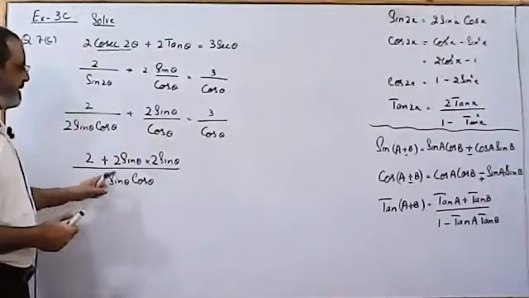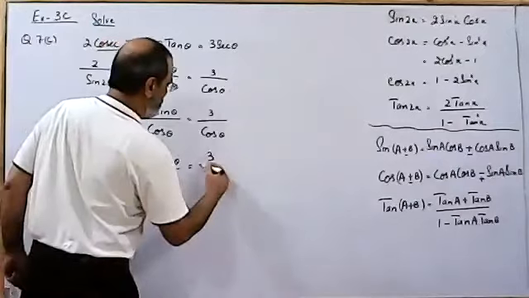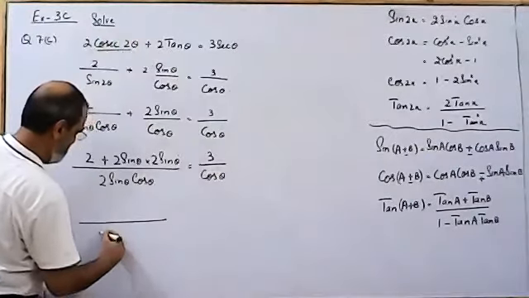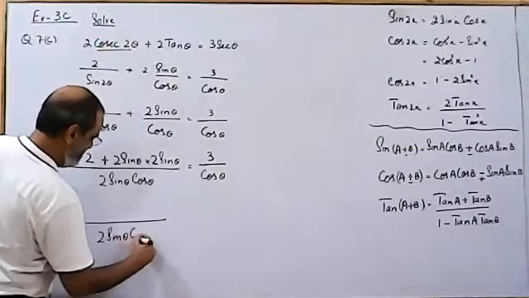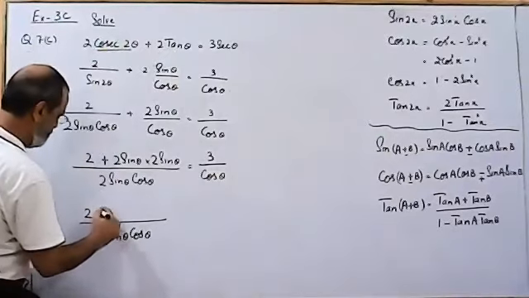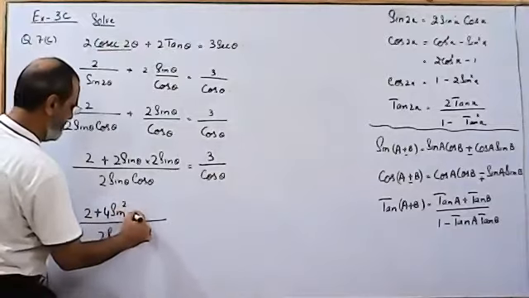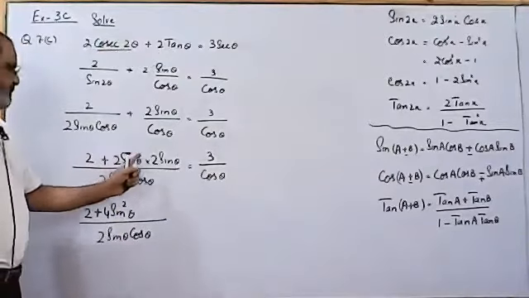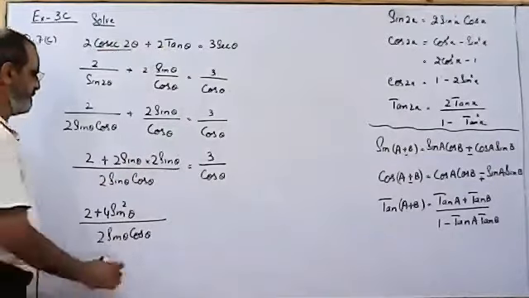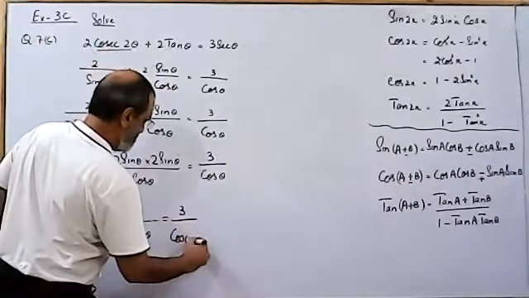So this 2 sine theta is multiplied by this 2 sine theta, is equal to 3 over cos theta. So we have 2 sine theta cos theta. Here we have 2 plus 4 sine square theta. Multiplying 2 sine theta with 2 sine theta, 2 times 2 is 4, sine into sine is sine square, is equal to 3 over cos theta.